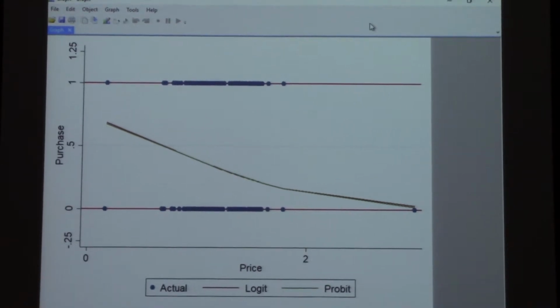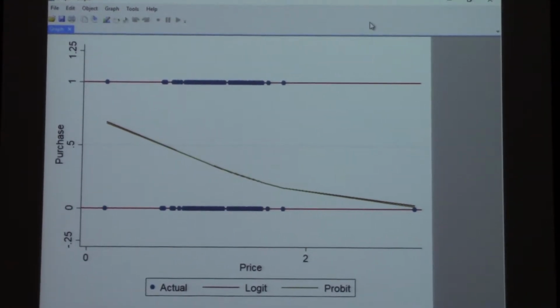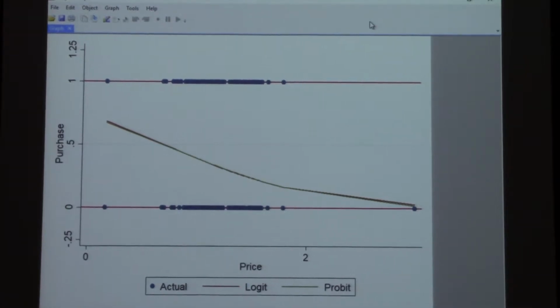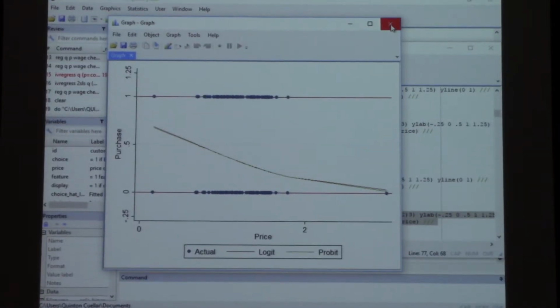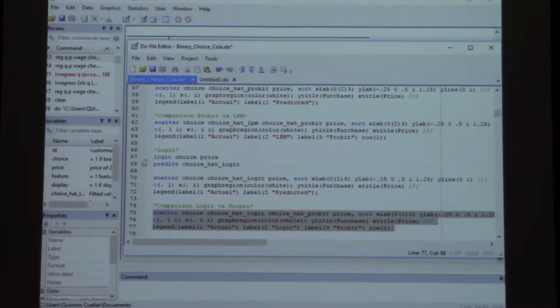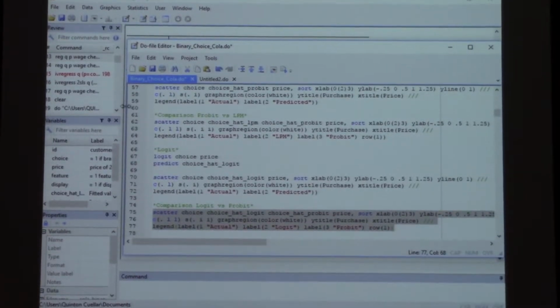It was faster to run on the old computers, the mainframes, where a lot of this stuff started. The probit was a little bit more mathematically intense. It took longer to run on computers. Computer time used to be expensive. So they came up with this logit process, which is just faster to run. Now, for us, the difference is imperceptible. I don't even know if we could observe the difference.